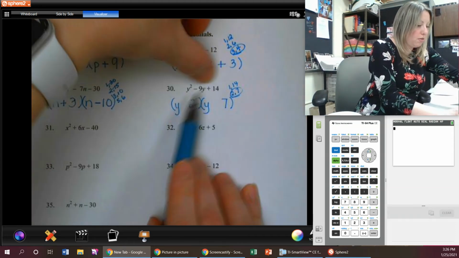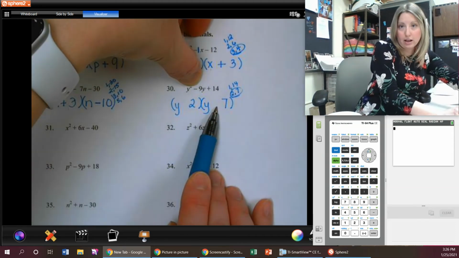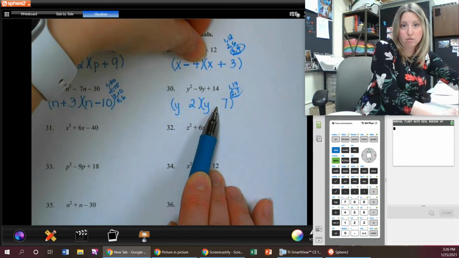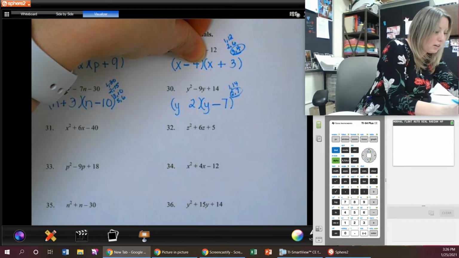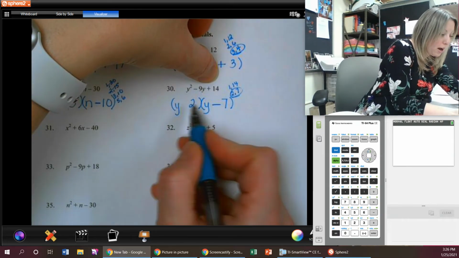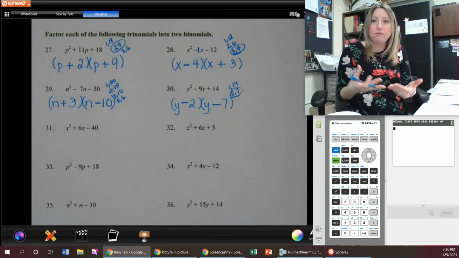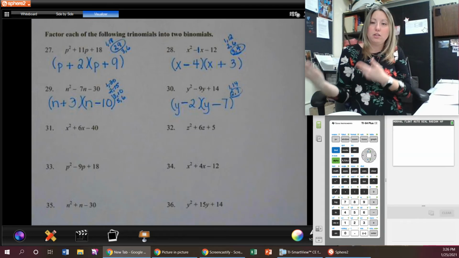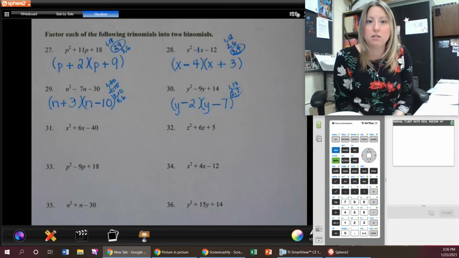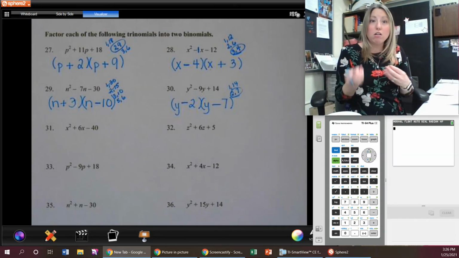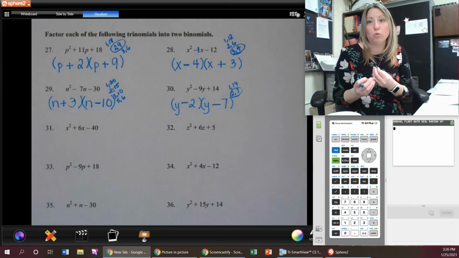Now, that bigger factor has to match the same sign as the middle. So that's got to be negative, but because your end number is positive, this is also having to be negative. They had to have the same sign to multiply together to give me a positive 14 at the end. These aren't that hard when you really consider these sign rules.